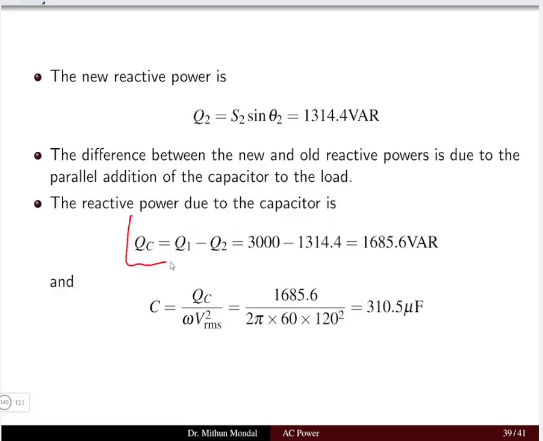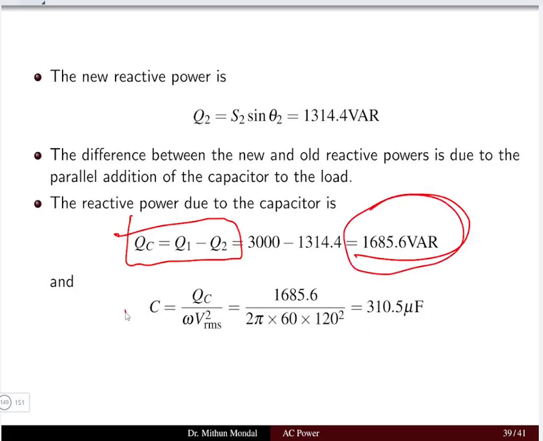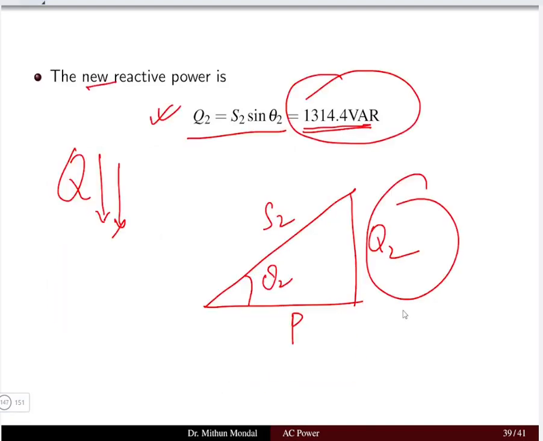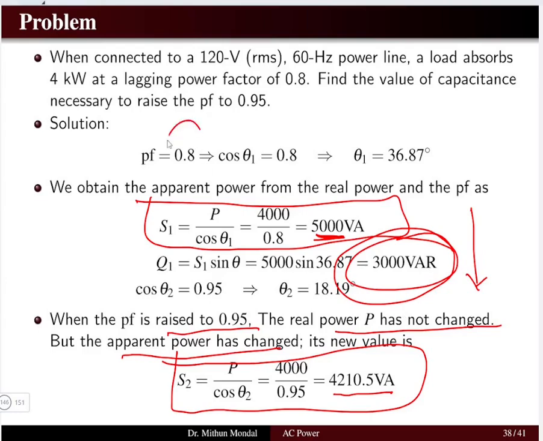So the compensated QC is equal to Q1 minus Q2. This amount of reactive power you have compensated, and the capacitor that needs to be placed in parallel is QC divided by omega times V RMS square, which will give you 310.5 microfarad. So you need a capacitor of 310 microfarad so that the power factor goes from 0.8 to 0.95.